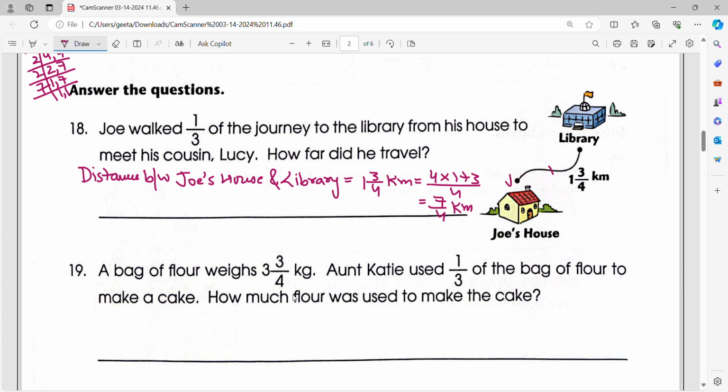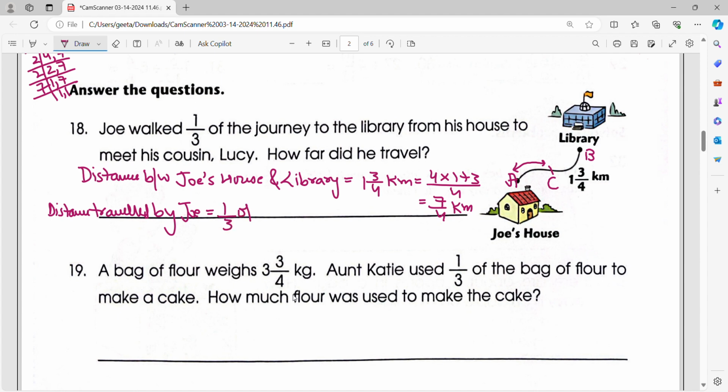Suppose this was Joe's house at point A, library was at point B, but Joe has walked only this distance, AC. So you can write down distance traveled by Joe. How much it is?